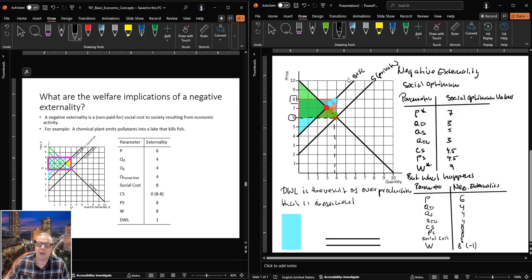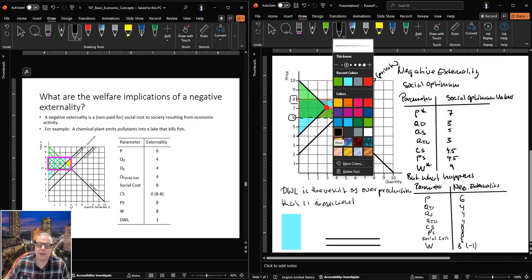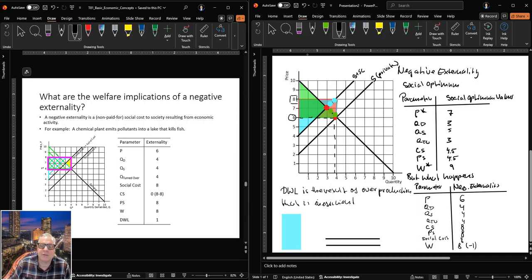And so now what we said is, when we calculate welfare, actually I write it down here, when we calculate welfare, we said that is equal to consumer surplus plus producer surplus plus tax revenue minus subsidy cost. And what we also need to do is we need to subtract social cost.